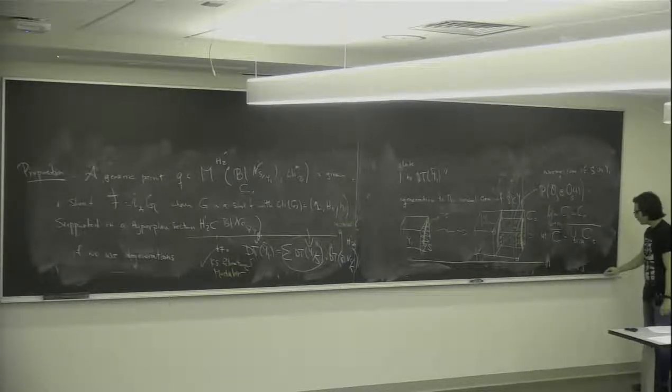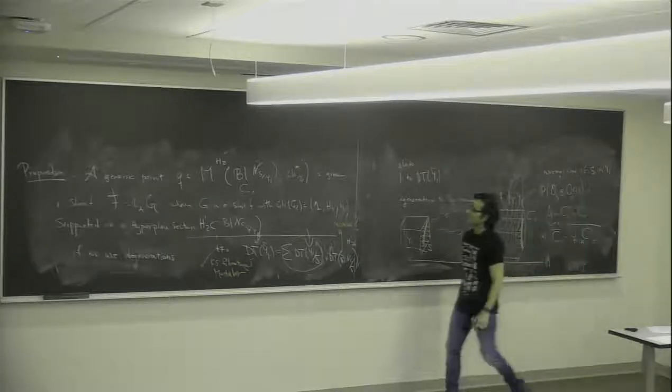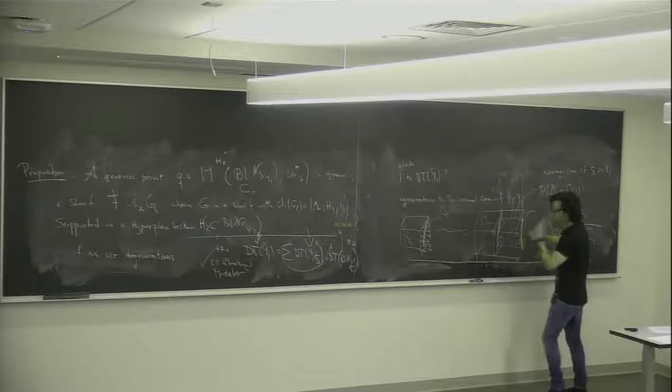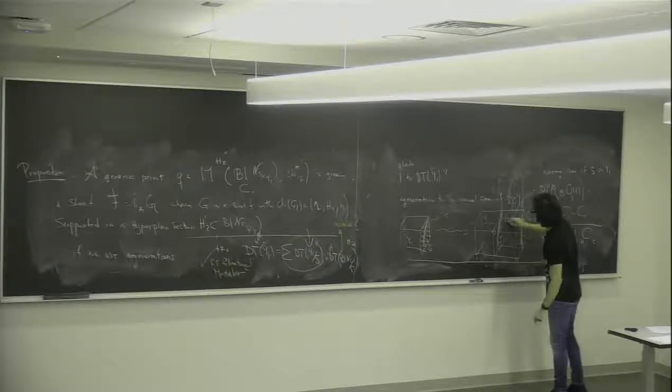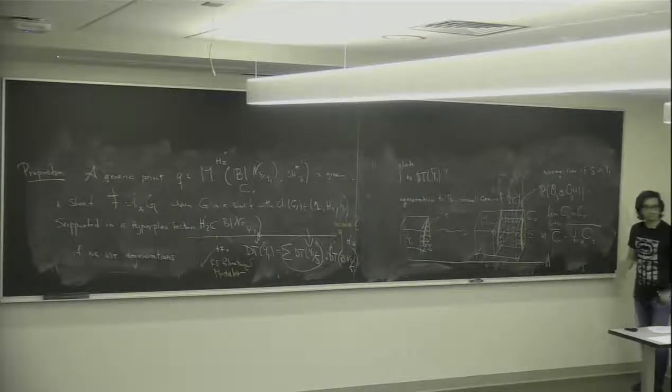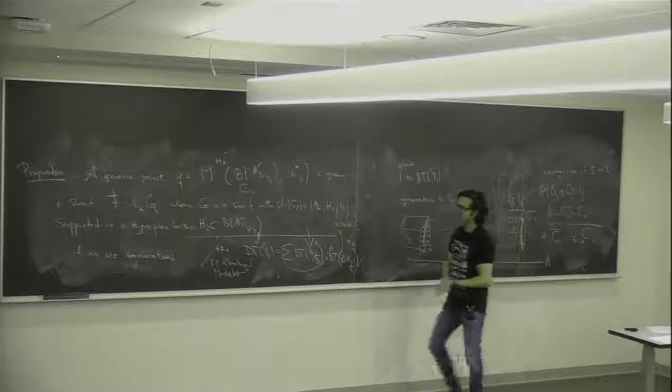A generic point in the moduli space of sheaves on this blow-up is a sheaf supported on a hyperplane section in here. That's it. It's a sheaf which is the pushforward of some torsion-free sheaf.